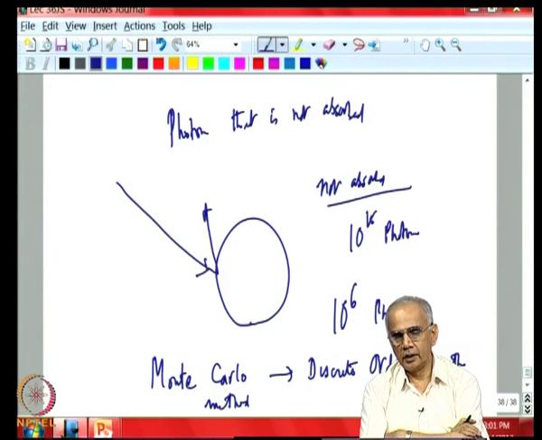So, as long as the geometry is complex, Monte Carlo always has an advantage over traditional methods.